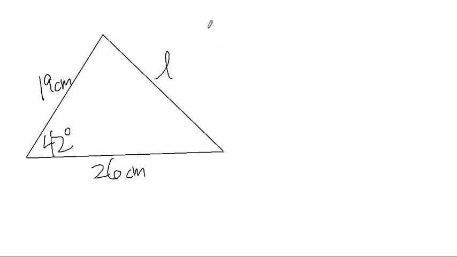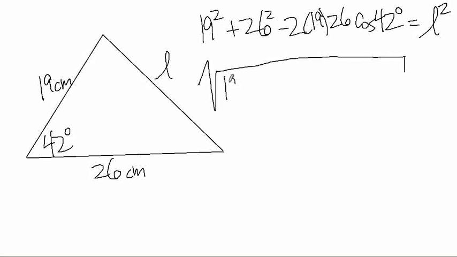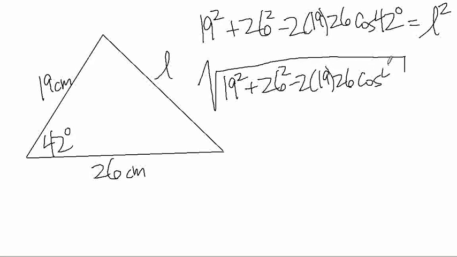So 19 squared plus 26 squared minus 2 times 19 times 26 times the cosine of 42 degrees is equal to L squared. So L, what we're looking for, is equal to the square root of 19 squared plus 26 squared minus 2 times 19 times 26 times the cosine of 42 degrees.